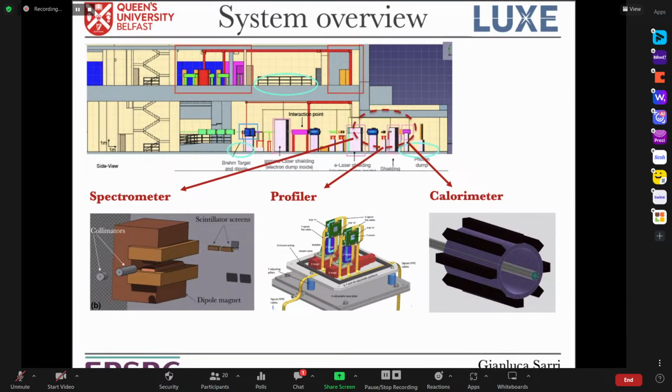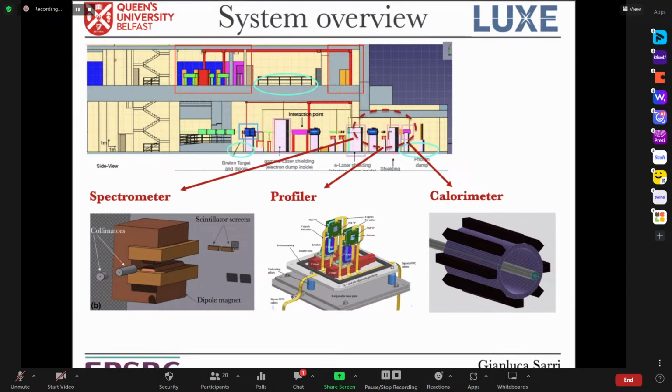The idea is to take the 16.5 GeV electron beam from the accelerator and interact it with a relatively high intensity laser, a laser power of 300 terawatt in the first phase. We have seen earlier today that one of the main limitations of these high field QED experiments is the shot-to-shot reproducibility and quality of the laser wakefield electron beam.